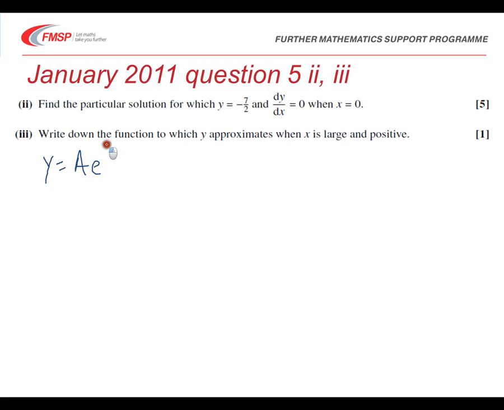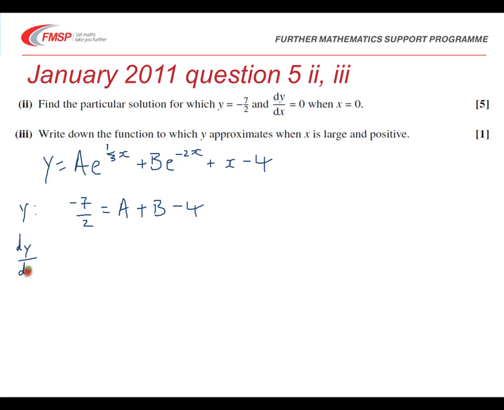This is my solution. So if y is negative 7 over 2 when x is 0, then my left hand side is negative 7 over 2, and my right hand side is a e to the naught, which is 1, plus b e to the naught, which is 1, plus x, which is 0, minus 4.